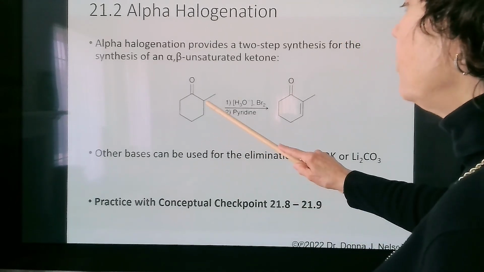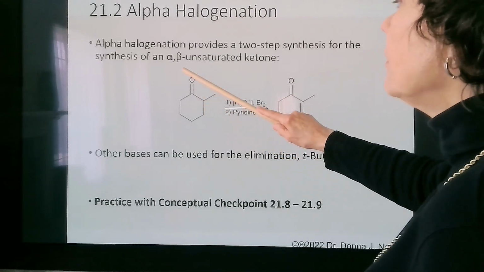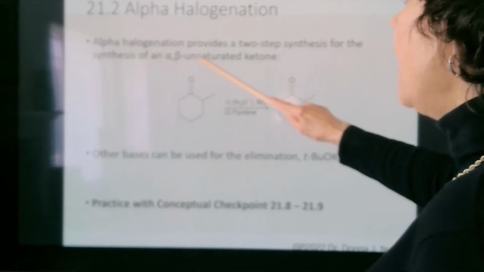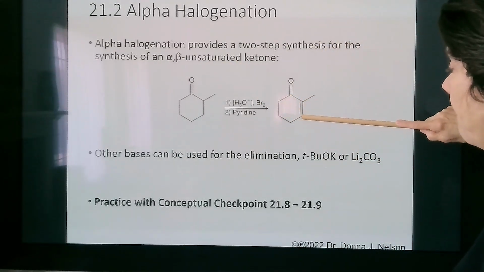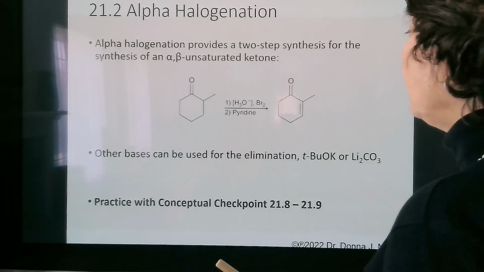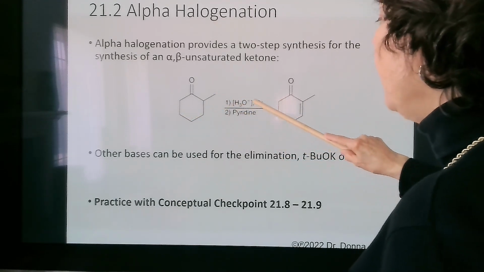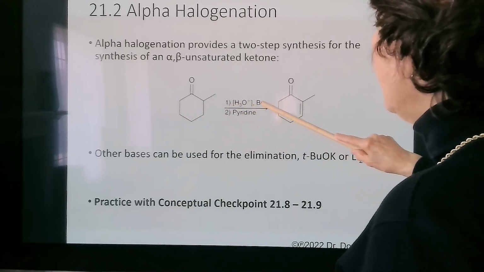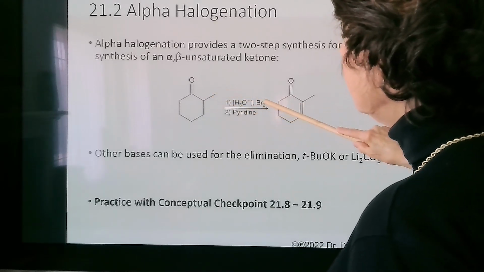So this provides a two-step synthesis of an alpha-beta unsaturated carbonyl. This is an alpha-beta unsaturated carbonyl. Remember that the end of the first step is functionalizing the alpha position with bromine.